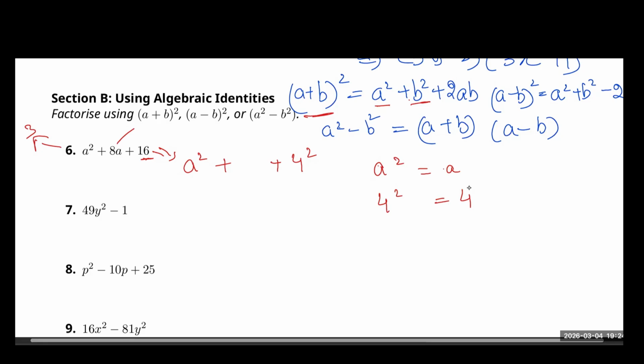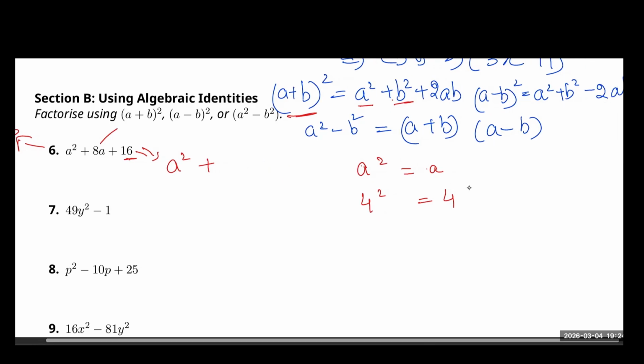Now, a and 4 we are having. So now that is a square plus 8a plus 4 square. How can I write 8a? 2 into the value of a into the value of b, 2 into 4 is 8. Understood?